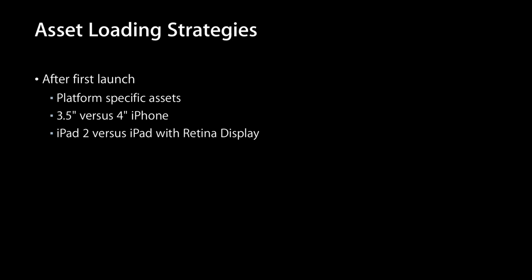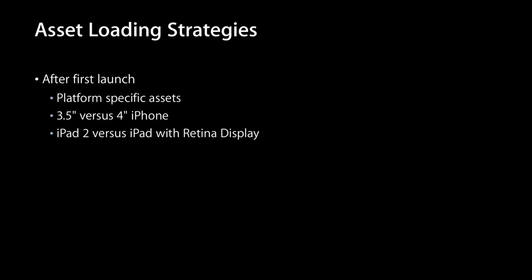The first one would be to download these extra assets just after you've been launched for the first time. So a good way of thinking about this is maybe separate out your assets by platform or by device. So the first time you're launched, you figure out, am I on an iPhone or an iPad? Am I on a 3.5-inch iPhone or a 4-inch iPhone? Is this an iPad 2 or an iPad with a Retina display? Right?